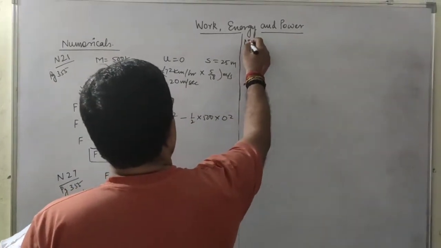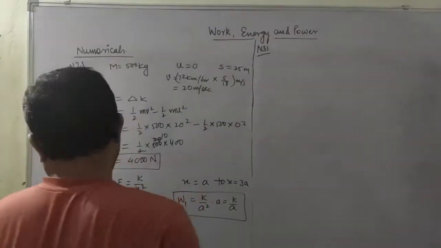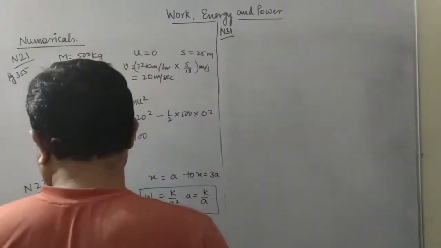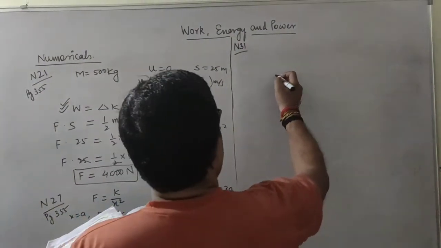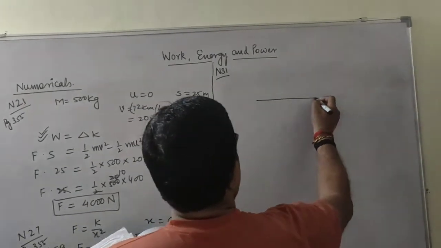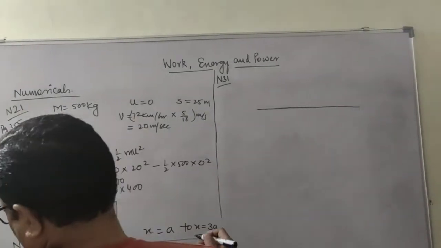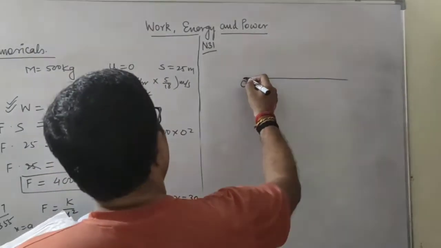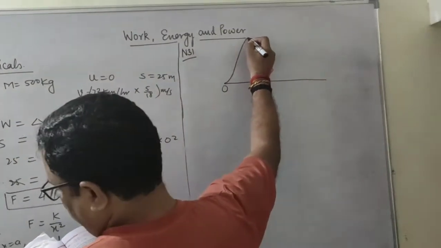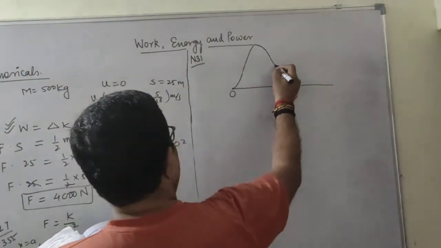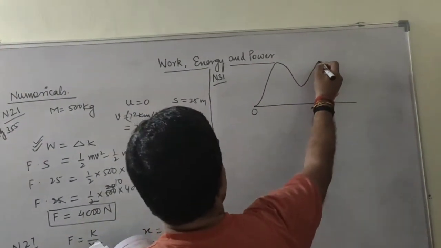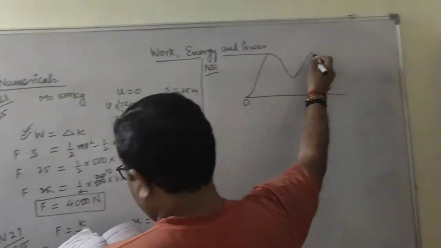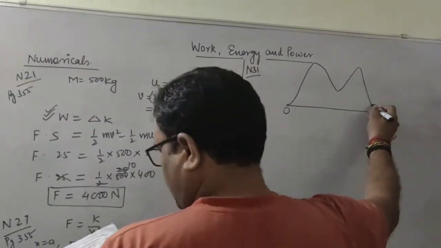This is a diagram based question. It applies the concept of conservation of energy. A ball starts from this point, reaches this point, then returns back, again reaches the same point, and then reaches back down.